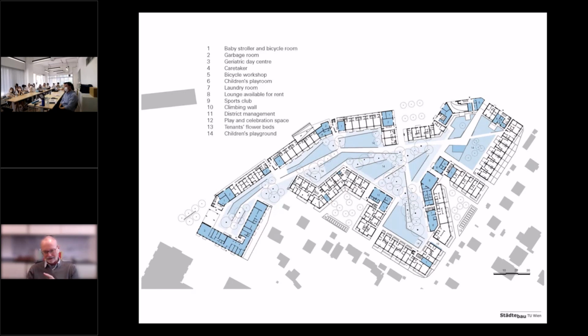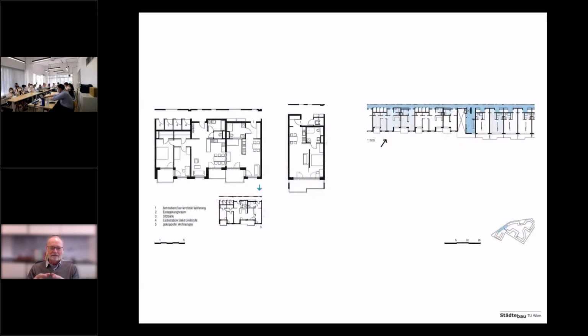So the architects had to deal with each other, talk with each other, and adjust their projects to each other. And it has been combined by an external path on the rooftops, which I will show later.